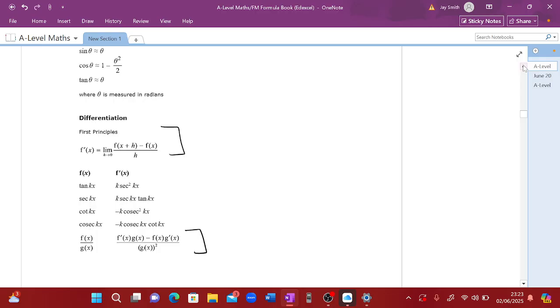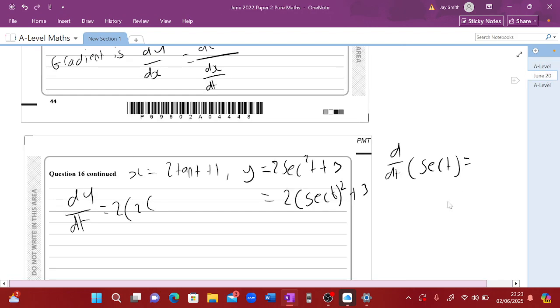Here, the differentiation. So sec x here will differentiate. Now k is 1, so sec x differentiates to sec x tan x. Okay. I'm going to have to scroll down. Oh, nice. Okay. So that is sec t. If it lets me write. There we go. Sec t tan t.